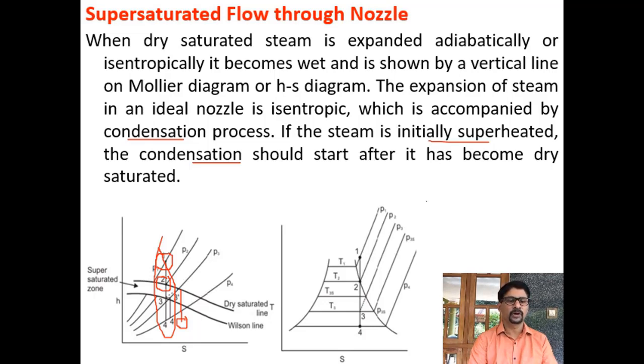At this point the condensation has to begin and carry through the further expansion, maybe 2 to 3 or 2 to 4. So 1 is the initial state of steam which is superheated, 2 is the dry saturation point, and 3 and 4 are the possible end points after the expansion process. That means the expansion in the nozzle is followed by the condensation process.